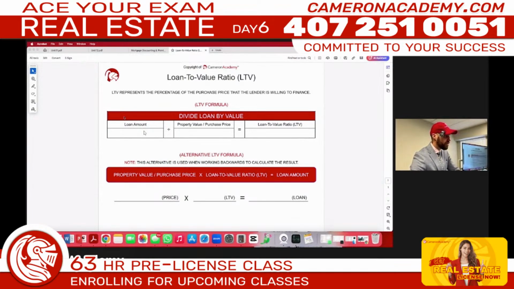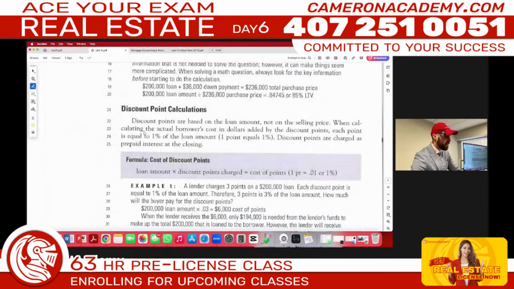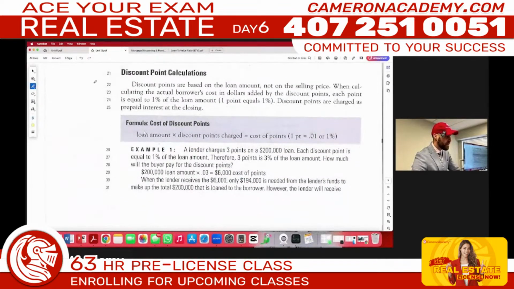But now let's turn to discount points. Discount point calculations. Highlight lines 22 through 25, including the shaded box. I made a handout for this, by the way, the formula, but highlight it for now.